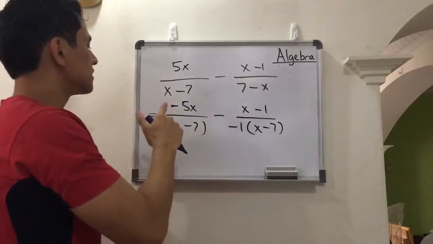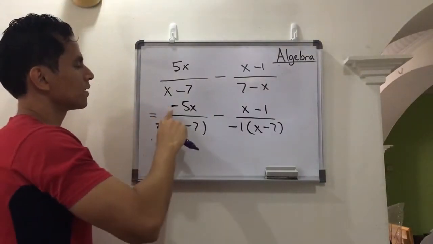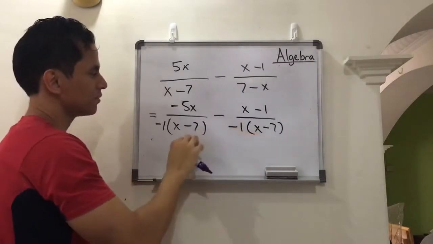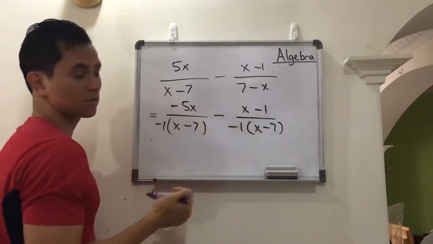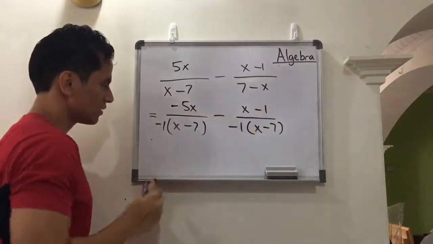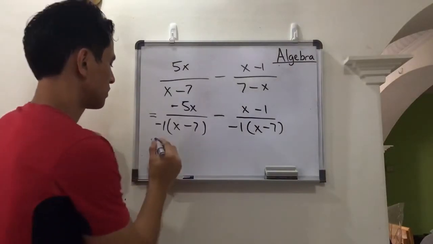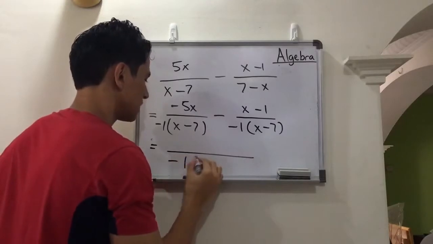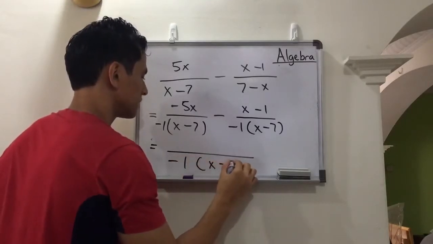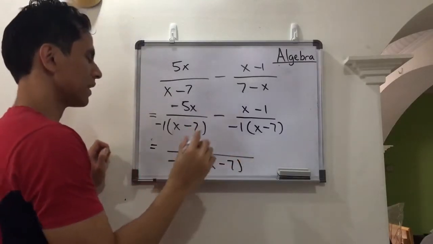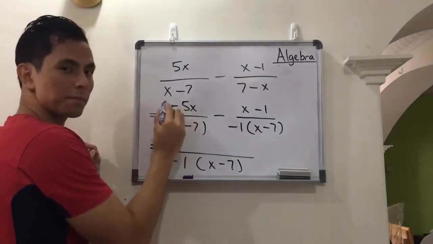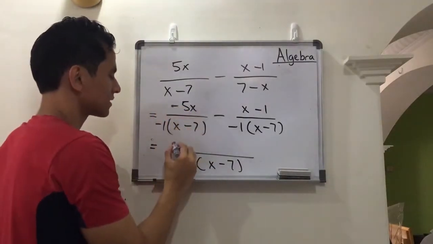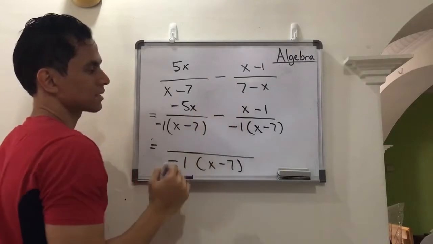Okay, so now that the denominators are the same, we can just go ahead and combine the numerators. So we can do that with this step here. -1, x minus 7. And now this will be -5x, minus x.